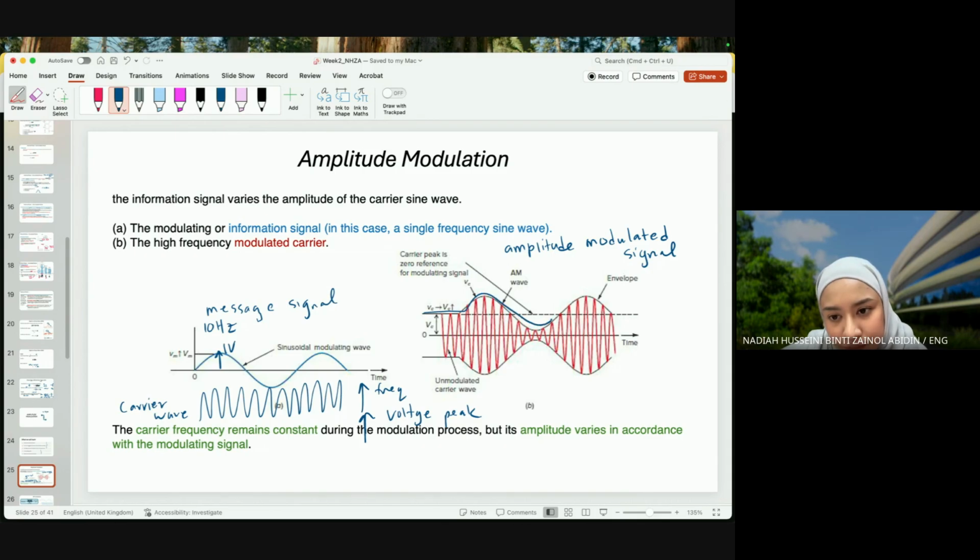And it looks like a mirror. It mirrors the shape. So this is your message, and down here it mirrors your message. So what you get is a symmetrical envelope. This is your message. Inside is your carrier wave.